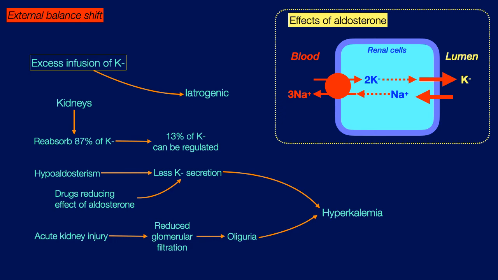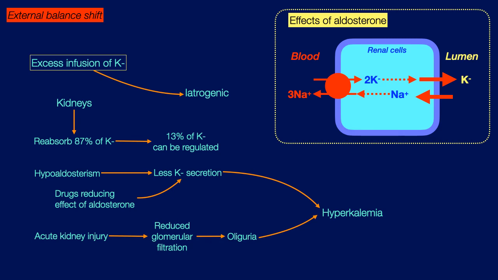As you can see, in situations where somebody is unable to produce enough aldosterone, like in adrenal insufficiency, there is less potassium secretion by the renal cells, and therefore more potassium is retained, leading to hyperkalemia. Also, drugs that reduce the effects of aldosterone can also cause hyperkalemia.